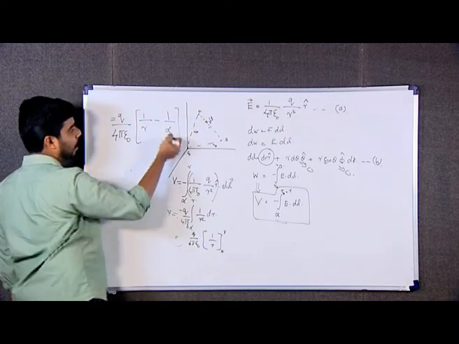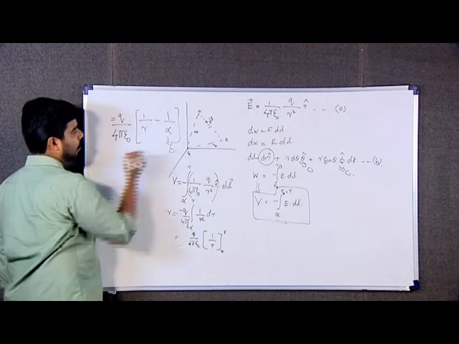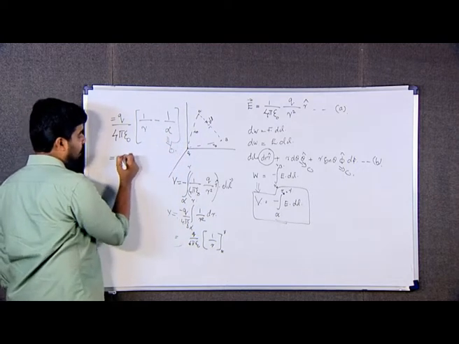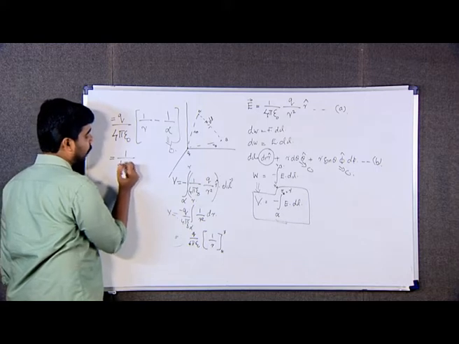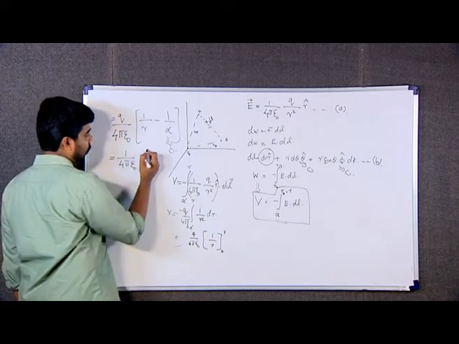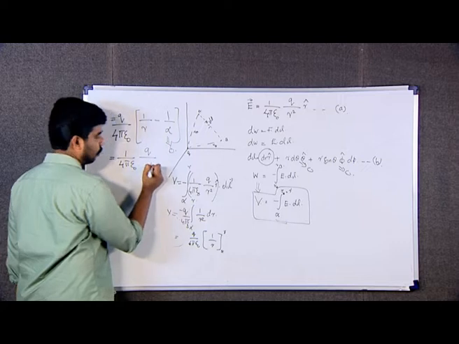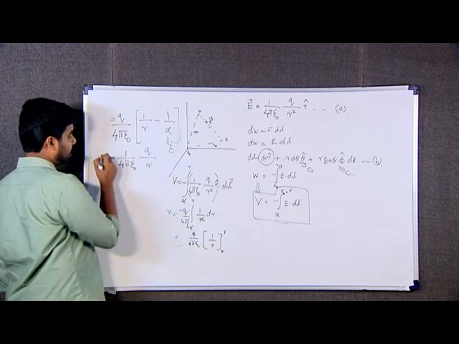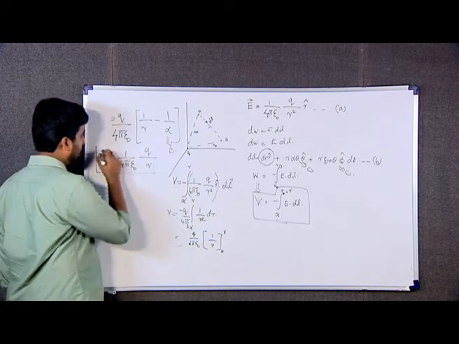So, what is 1 by infinity? 1 by infinity is nothing but 0, which gives the expression for the electric potential at a distance r, equal to 1 by 4 pi epsilon 0 into q by r.